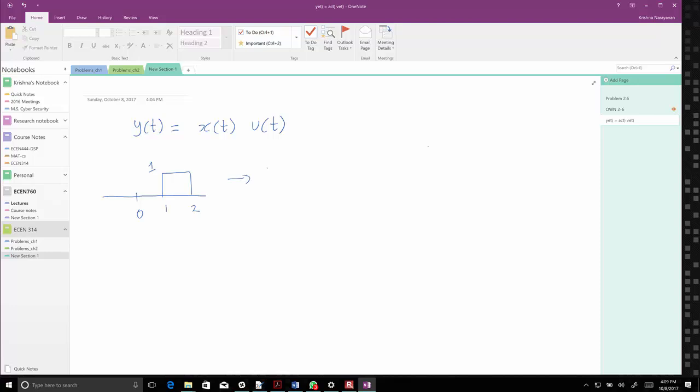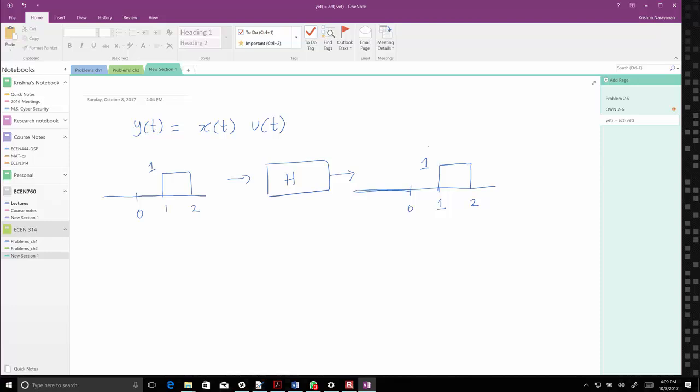If this goes into my system, what will come out? It's going to be exactly the same as the input, because for values of t greater than 0, the gain of the system is 1, so I get exactly what goes into my system.